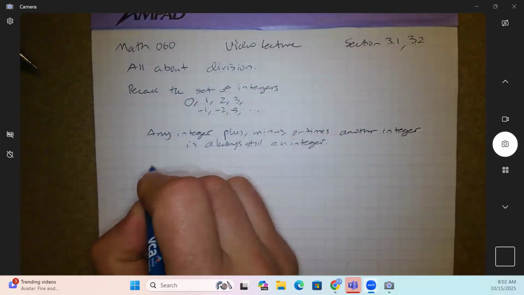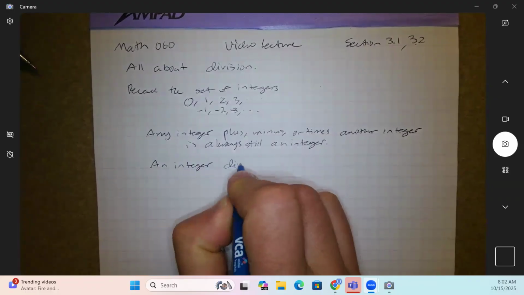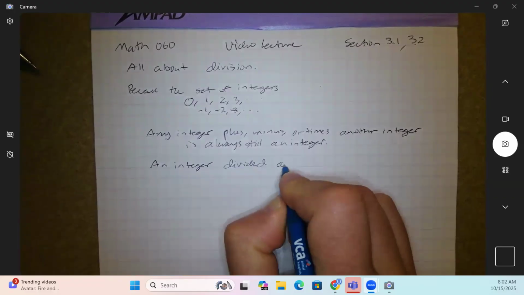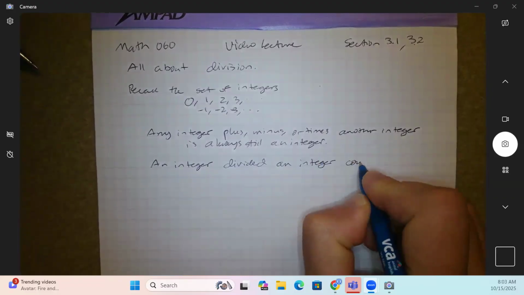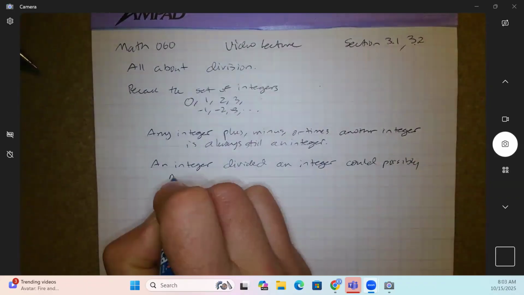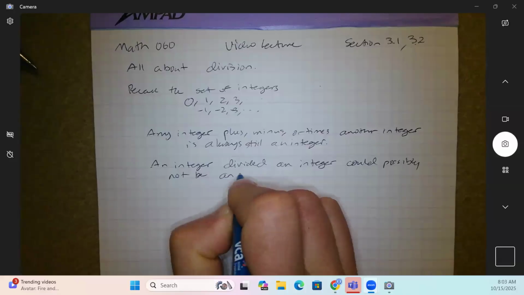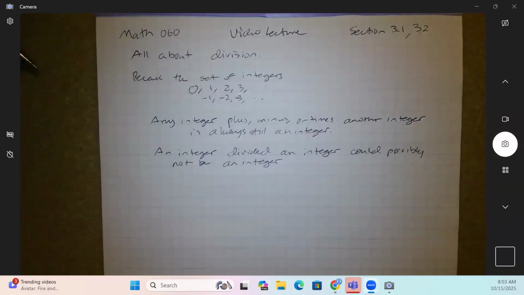But an integer divided by an integer could possibly not be an integer, right? It's possible that it's not going to be a whole number, positive or negative.